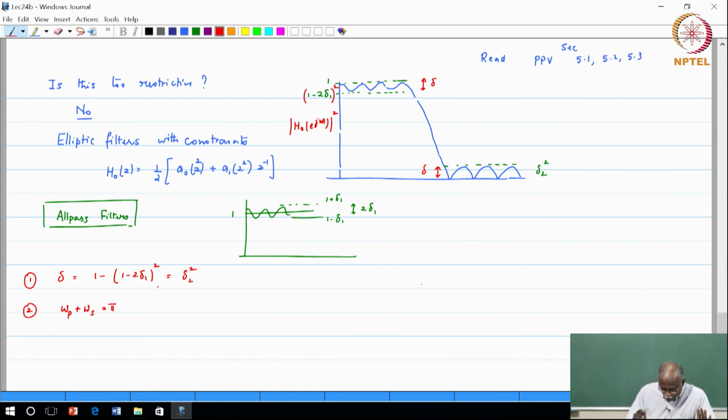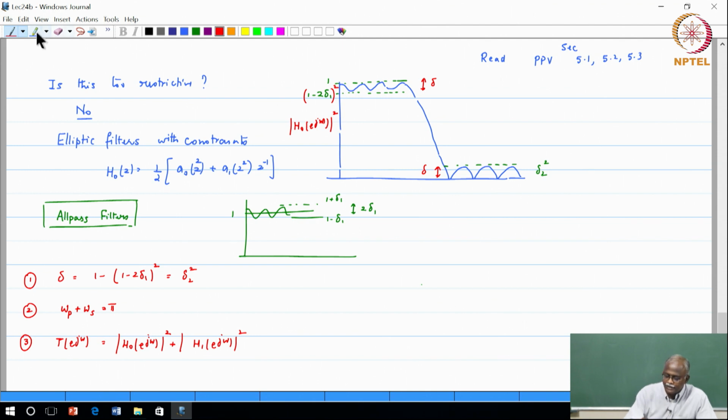Now, I force that constraint as well, and then a third constraint that will come about is T_e(e^{jω}) equal to |H0(e^{jω})|² plus |H1(e^{jω})|².